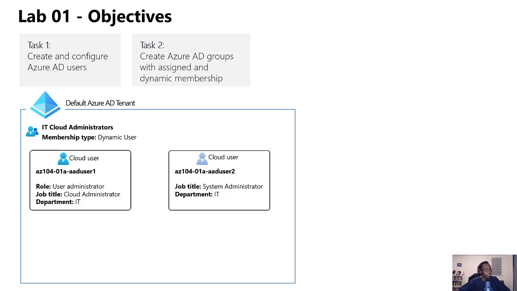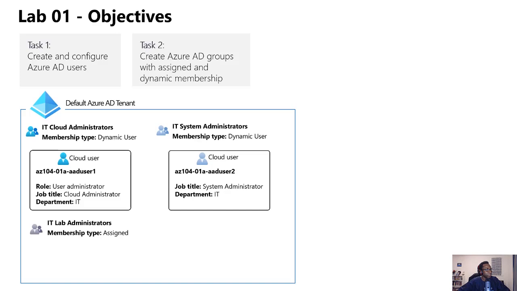I'm going to create another Azure AD group which also has dynamic user membership, and is going to automatically add any user that has the job title of System Administrators into that group. And finally, I'll create an Azure AD group which has an assigned membership type that I will leave empty for now. So let's go to do that.